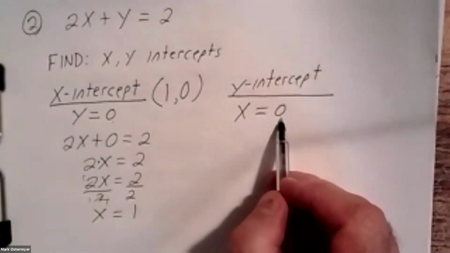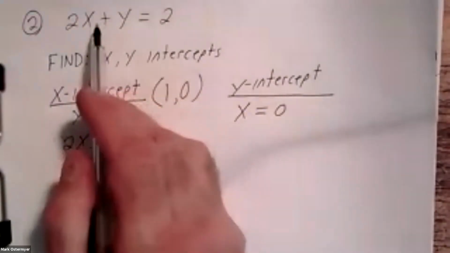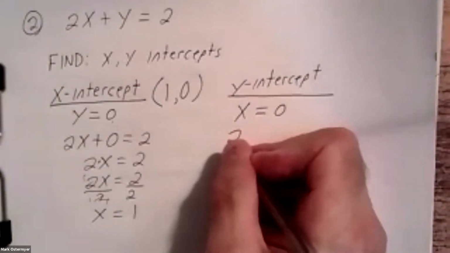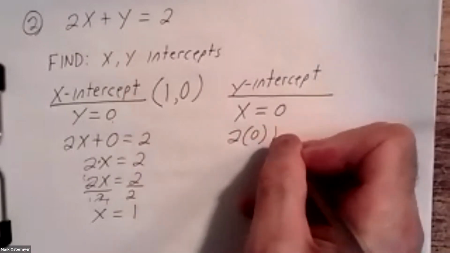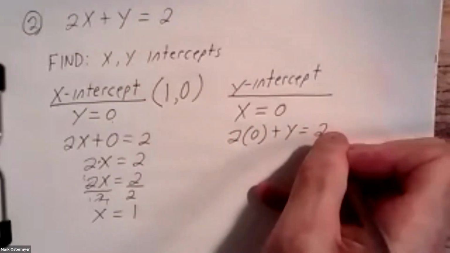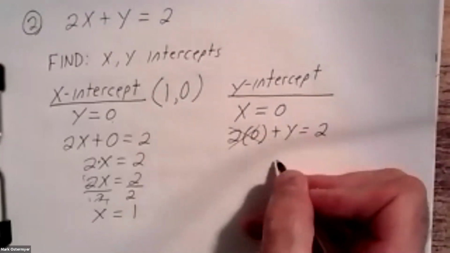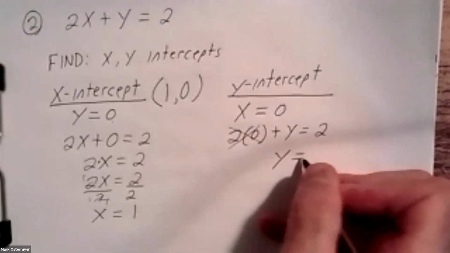So let's take 0, substitute it in for our x variable, and then our equation becomes 2 times 0 plus y equals 2. Now we can solve for y. 2 times 0 goes to 0, and we're left with y equals 2.